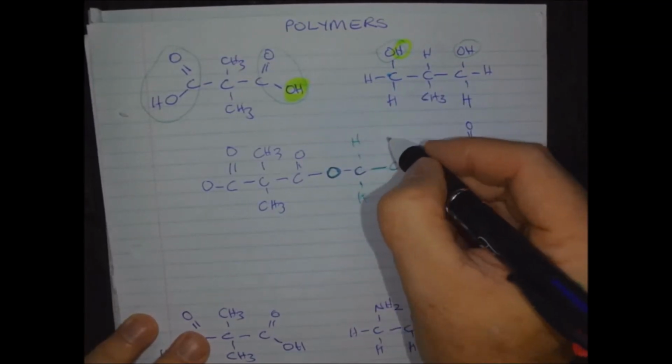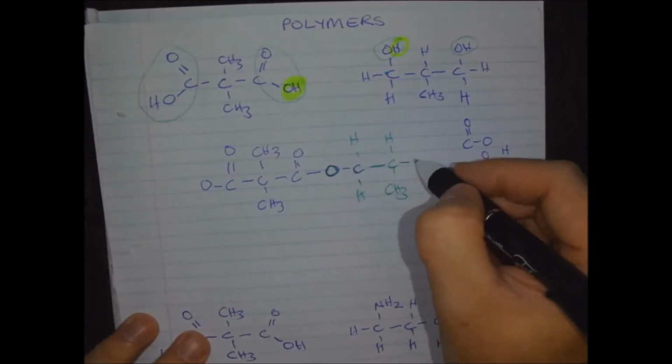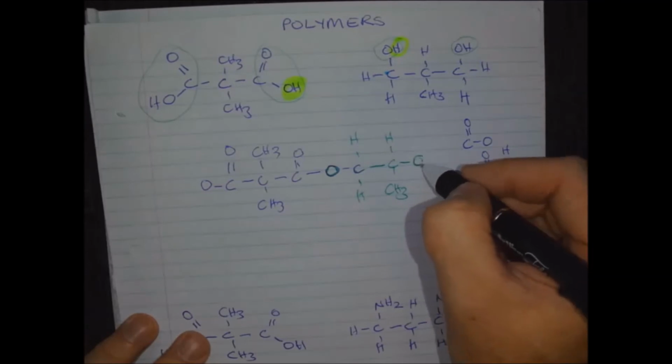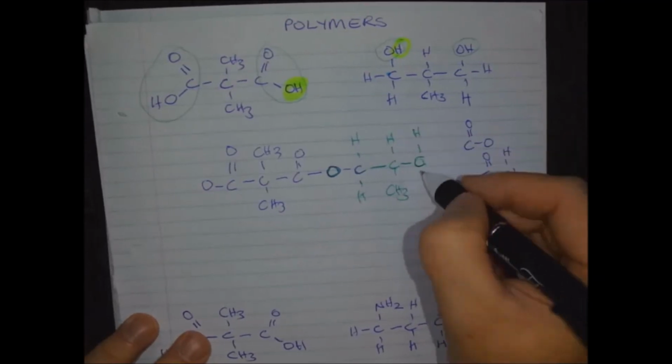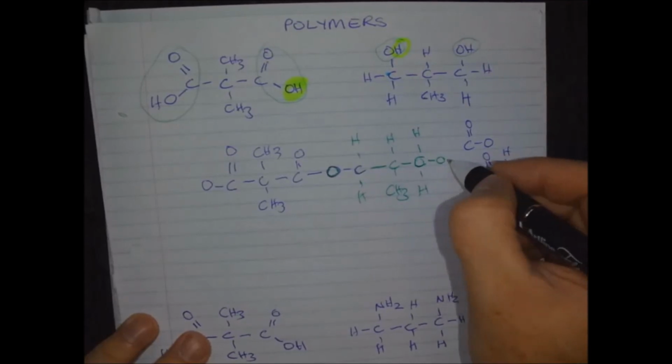And then we're going to come to here, I'll leave this H going up here, CH3, and then I come to another carbon, and then I have an H, an H, because there's 3 carbons in a row, and then I come to an O, and then I'd carry on.